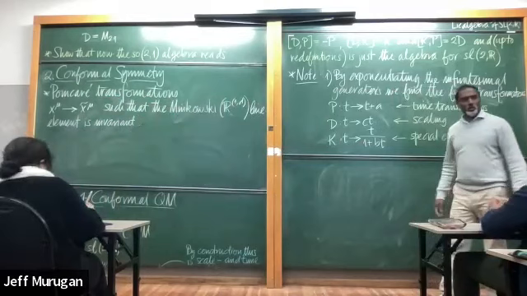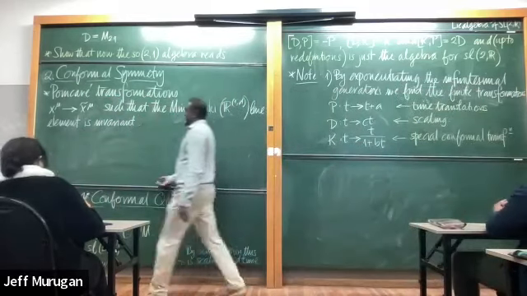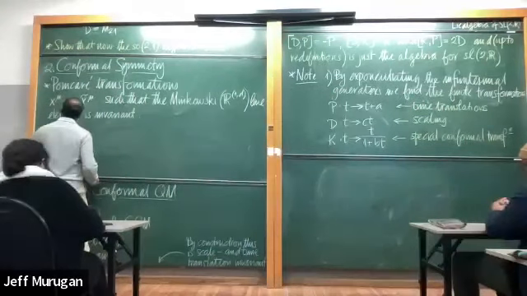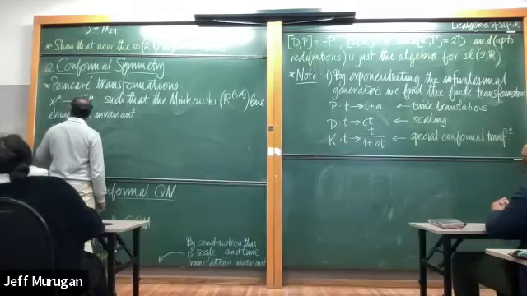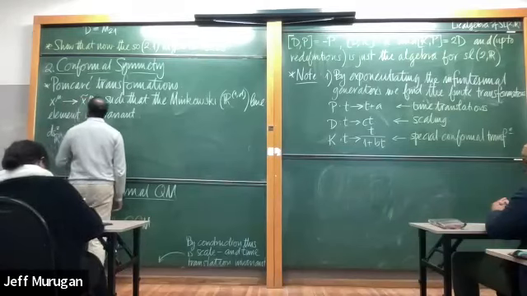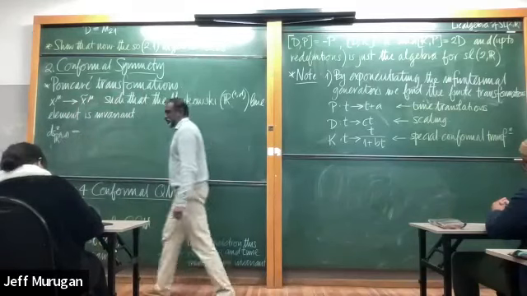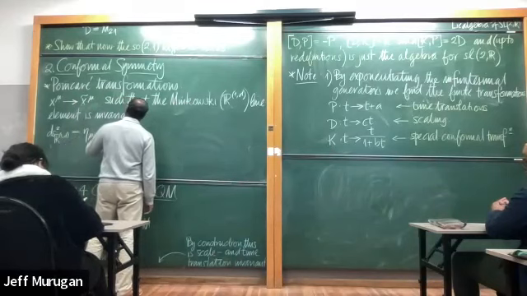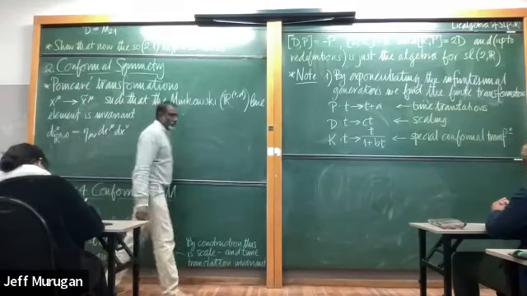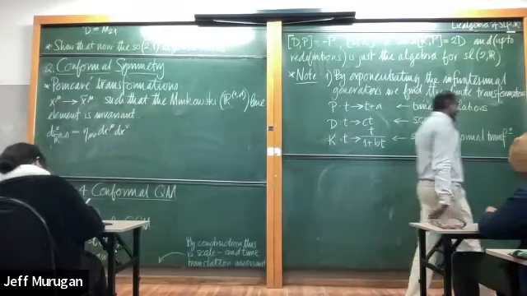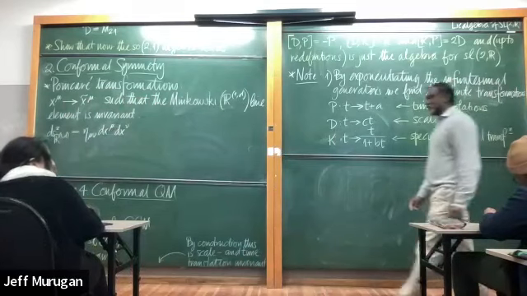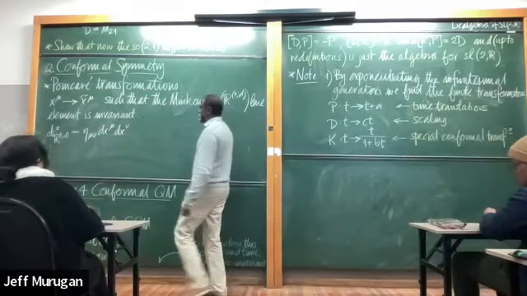Okay, let's explore what this means. So the Minkowski line element in R^{1,d} is eta_{mu nu} dx^mu dx^nu. It can be generalized to a general curved space-time, but I will leave that exercise to you if you want to show how it happens.